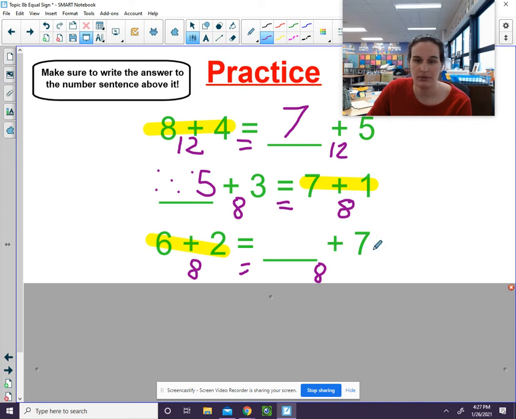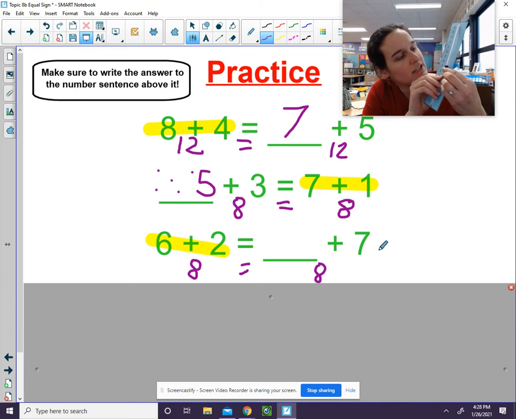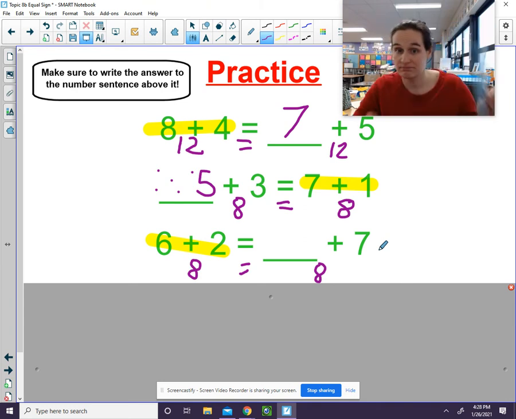Now, blank plus 7 to get to 8. What would I add to 7 to get to 8? Well, I actually know that 1 more than 7 is 8. If I wasn't sure, I could also go here. I could start at the 7 and keep adding until I get to the 8. 1. I made it to 8. So it's 1.